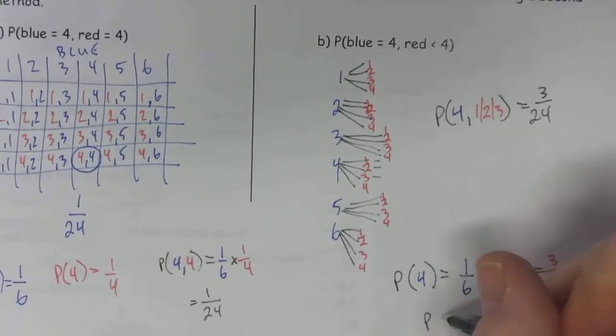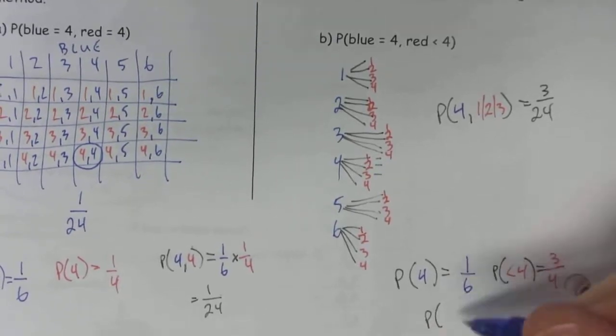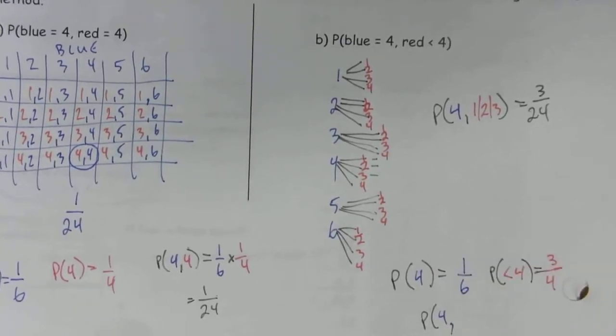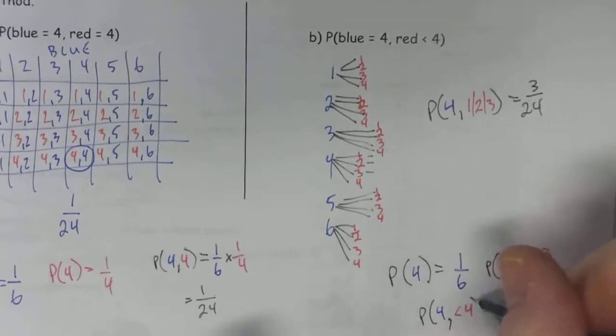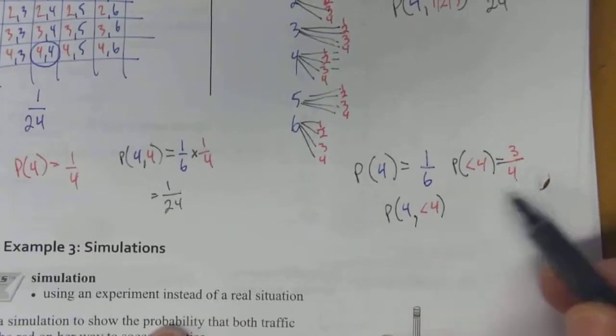So again, the probability of blue being 4 and red being less than 4 is the multiplication or the product of these two fractions.